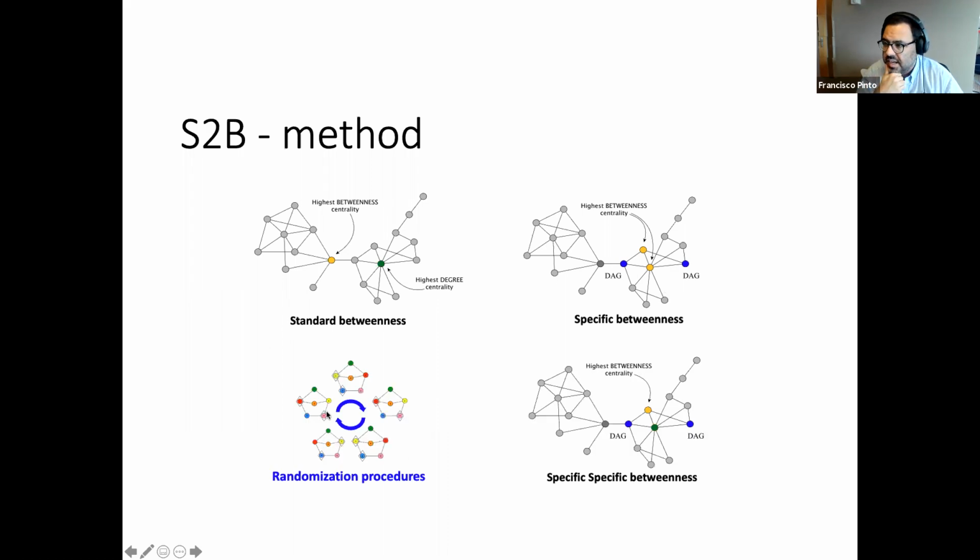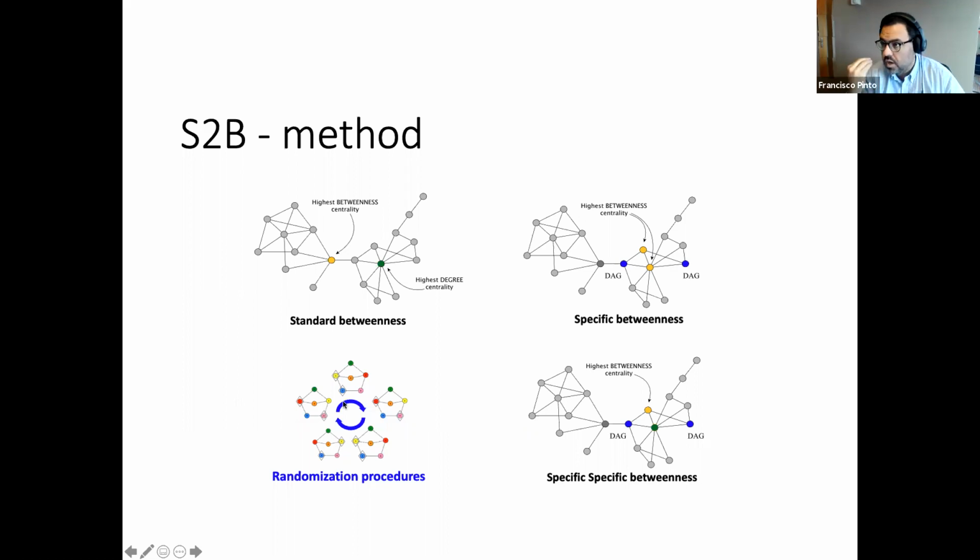By randomizing the network. We build randomized versions of the network by changing who is connected with which node, but maintaining the number of nodes and the number of interactions that each node has. So we keep the degree of each node. In this way, the nodes with a high degree will keep popping up as top betweenness nodes, even in the randomized networks.